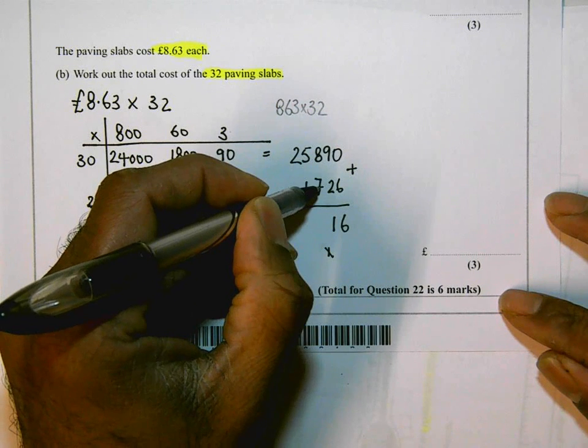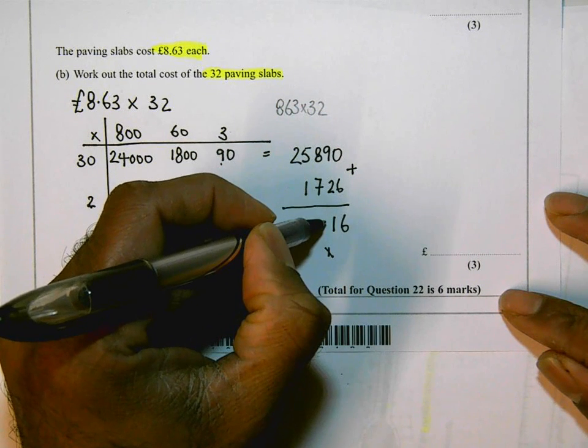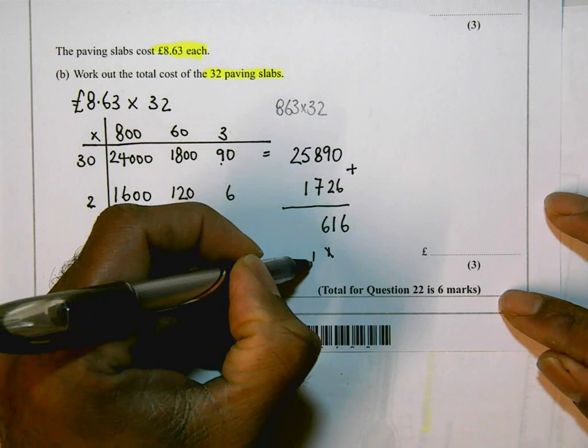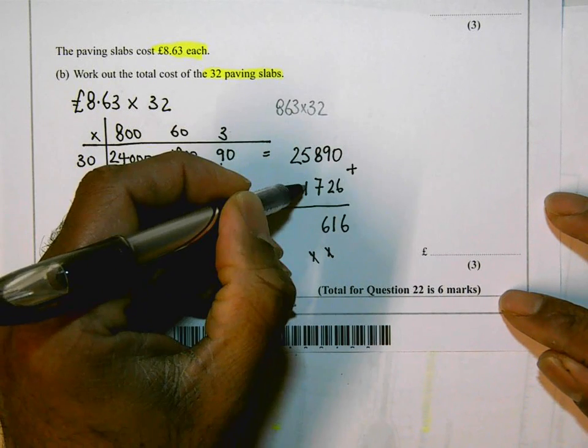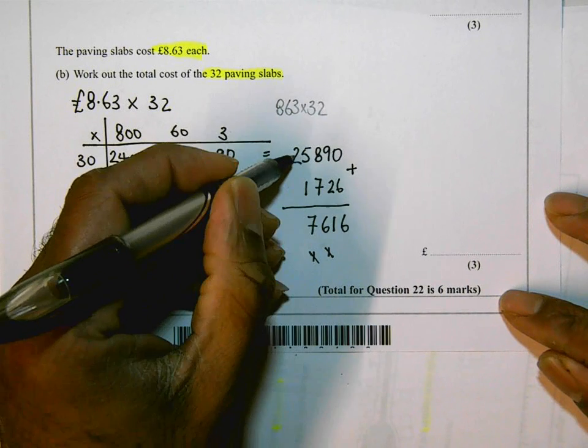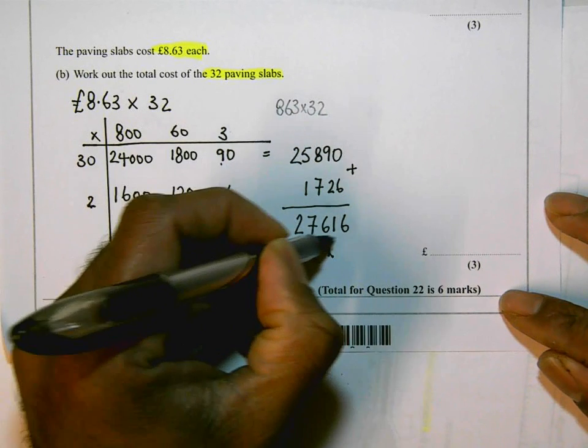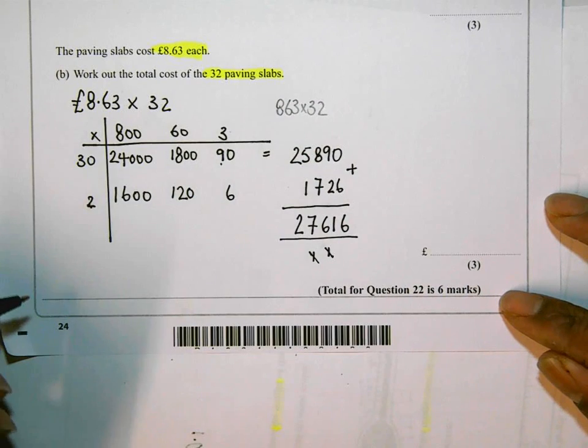Carry 1. 1 add the 5 is 6. And 1 is 7. And then carry that 2 down. So what does that give me? 27,616.